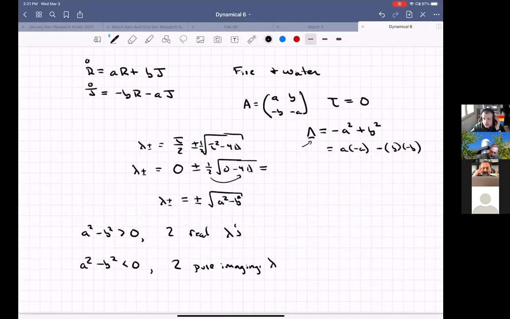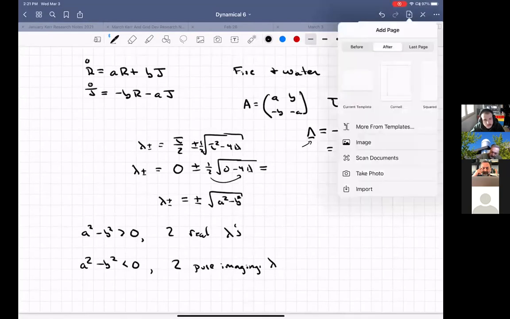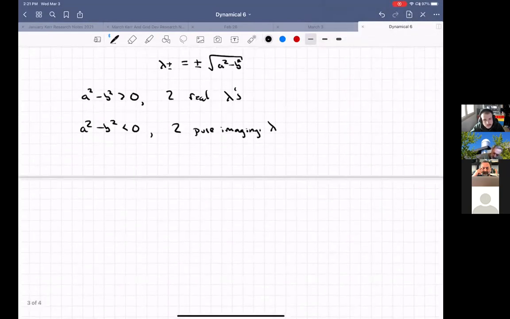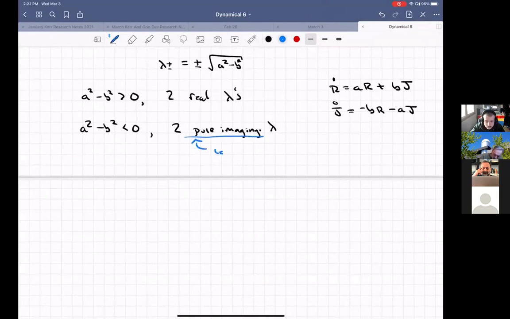So let's suppose for instance that my system is R dot is A R plus B J, and J dot is minus B R minus A J. Okay, so in the second case here, these become centers, right?